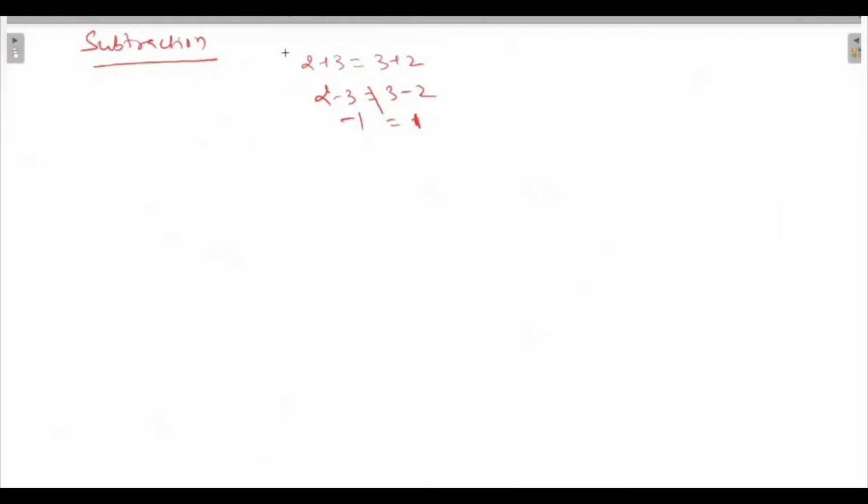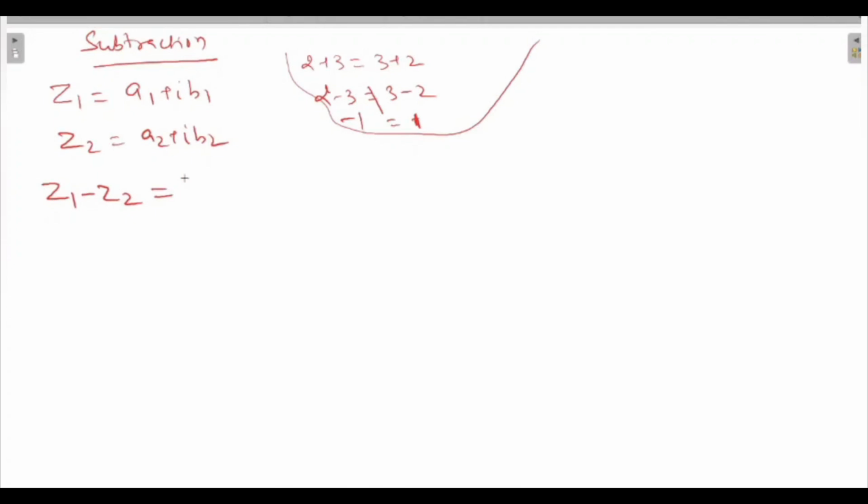So what we define for subtraction is that, say you have a complex number z1 which is a1 plus ib1, and you have another complex number which is a2 plus ib2, and you have to do z1 minus z2, right? I can essentially write this as z1 plus minus of z2.